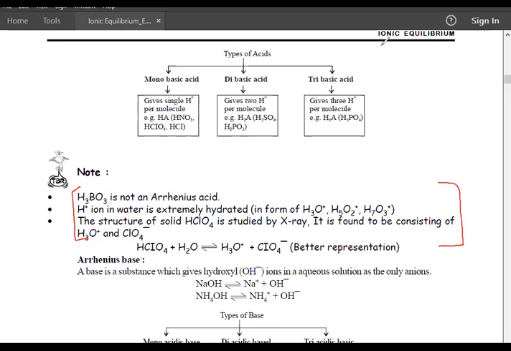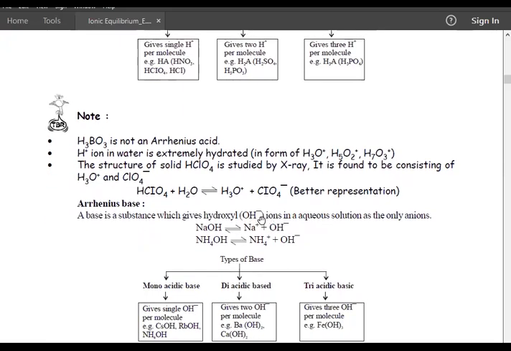Now in the same way, Arrhenius bases are the bases which release OH minus. When we talk about OH minus, obviously after removing OH minus we will get the anion OH minus and then a cation, which is usually a metal.